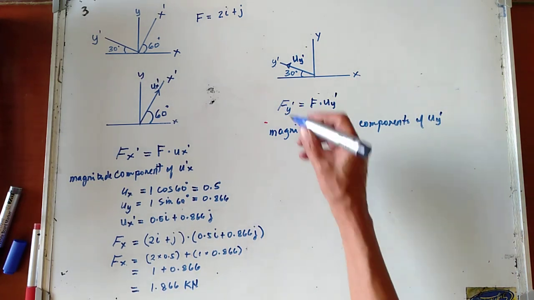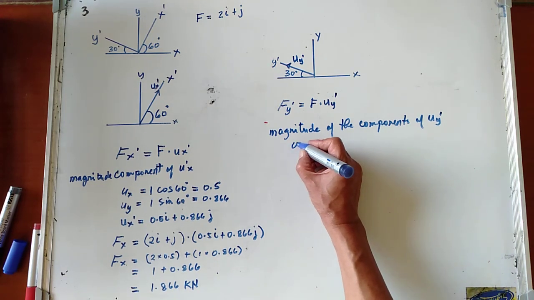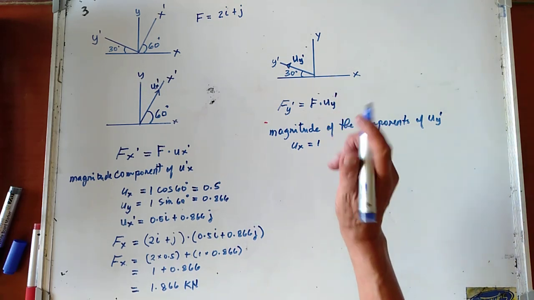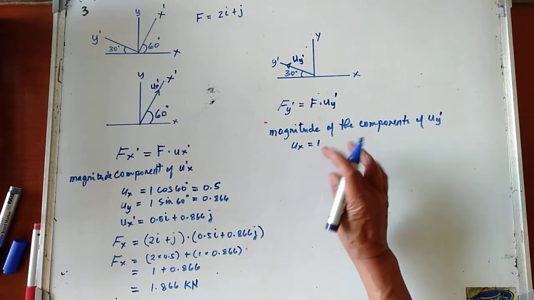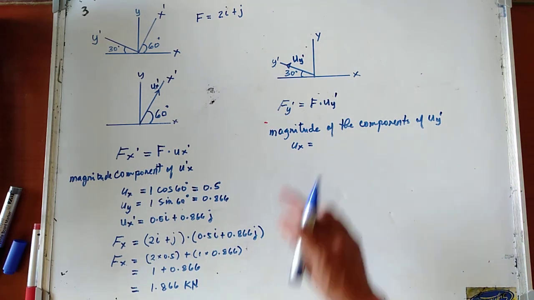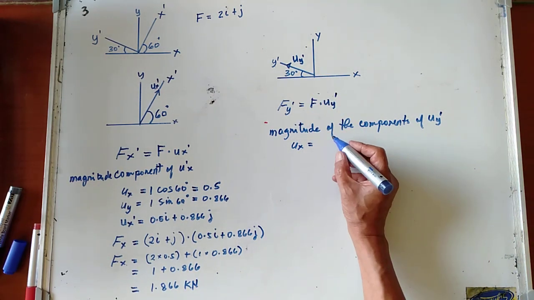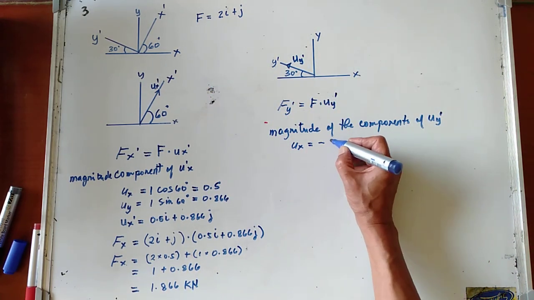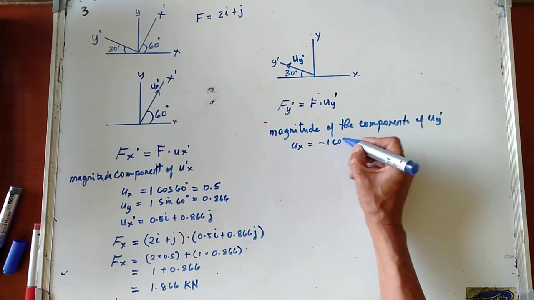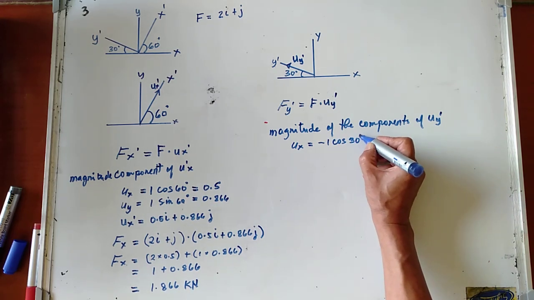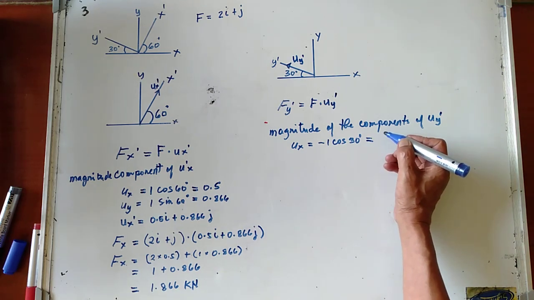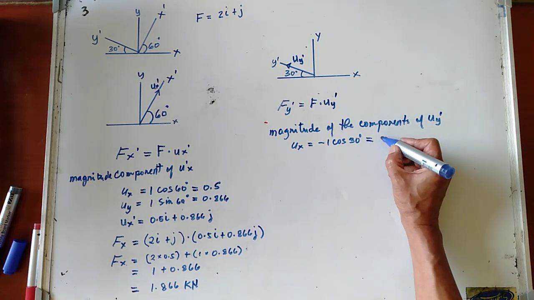Again, the magnitude of the component in the x-axis is equal to 1, since the magnitude of a unit vector is equal to 1, multiplied by cosine of 30 degrees. Since that is going to the left, we have negative 1 times cosine of 30 degrees, which is equal to negative 0.866.